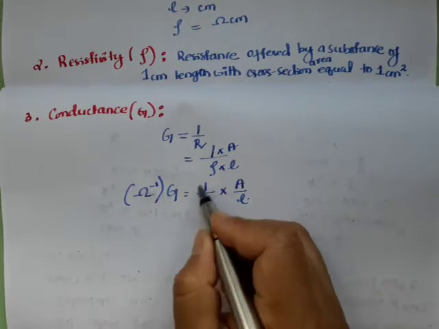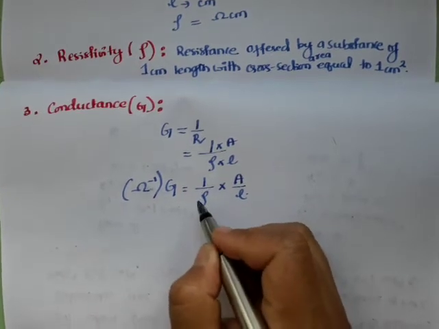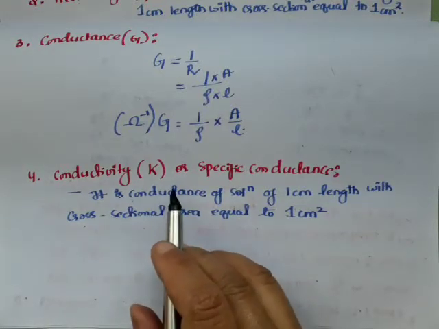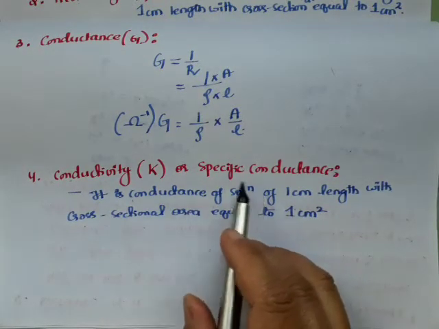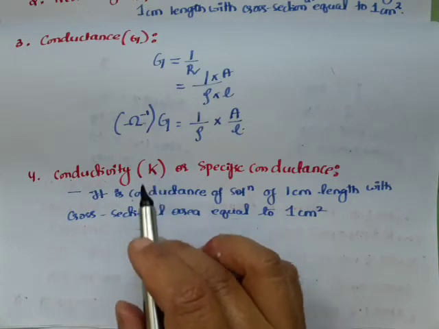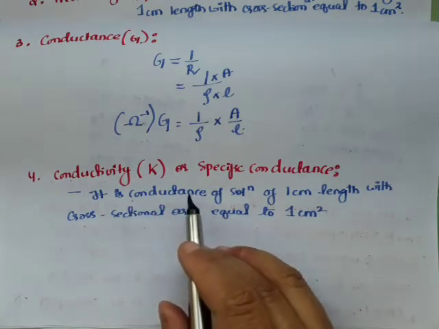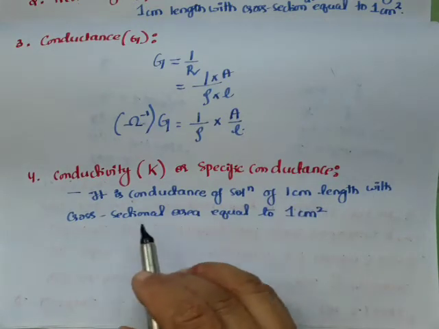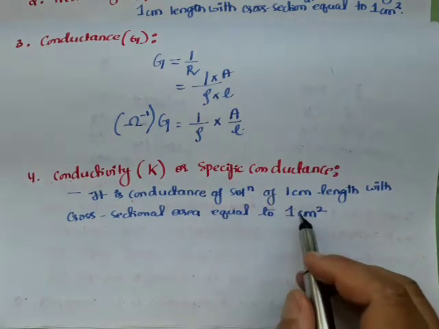Now let us define the reciprocal of resistivity, which is also called conductivity, or specific conductance, generally designated by the term kappa. It is the conductance of a solution of 1 centimeter length with cross-sectional area equal to 1 centimeter square.